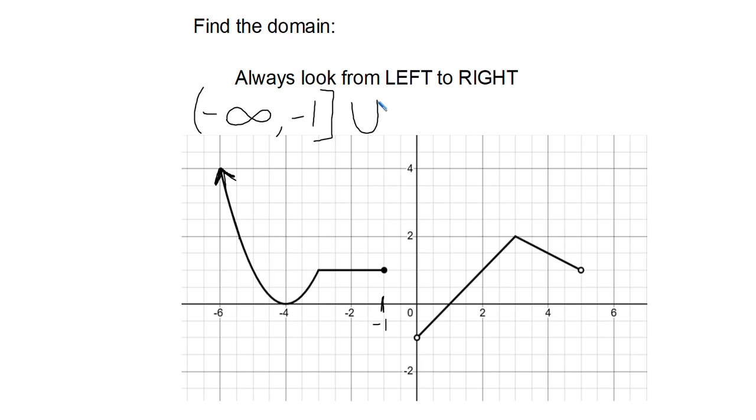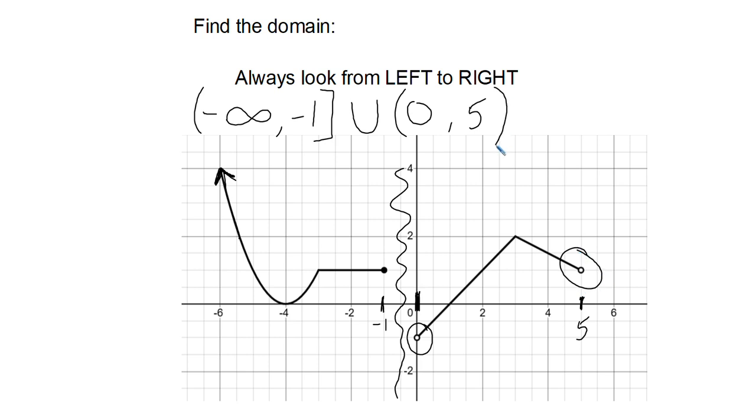So this time, we can't start back up at -1 because all in this space right here, there's no portion of our graph. Our graph doesn't start back up again until right here when x is 0. So we'll start at 0 with a parenthesis because it's an open circle. And then it's continuous all along the rest of the way until we get to 5. So from 0 to 5. And the 5 will again have a parenthesis because of the open endpoint.